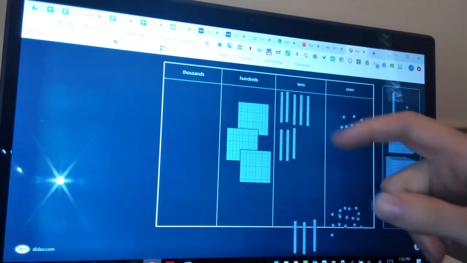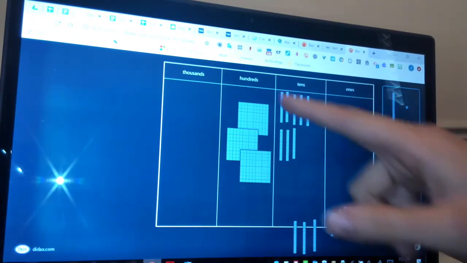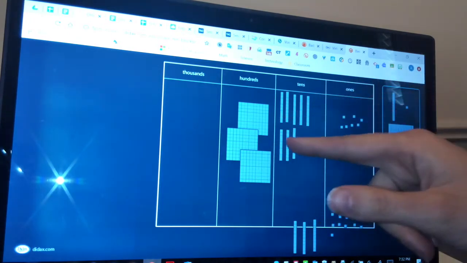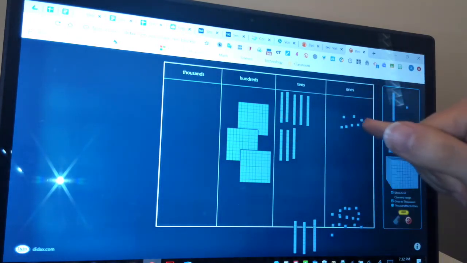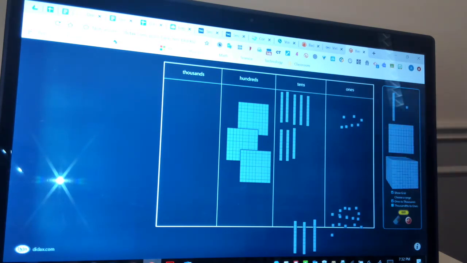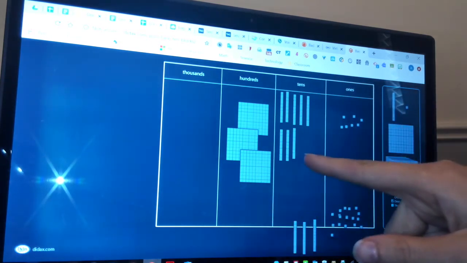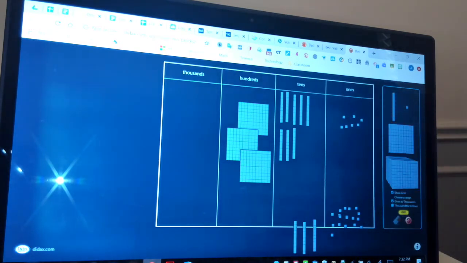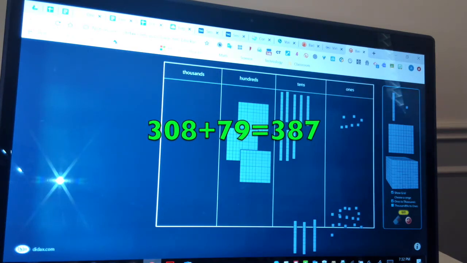We need to figure out what number this is. 1, 2, 3 hundreds. 1, 2, 3, 4, 5, 6, 7, 8. 1, 2, 3, 4, 5, 6, 7. So we know that this is 3 hundreds, 8 tens, and 7 ones.